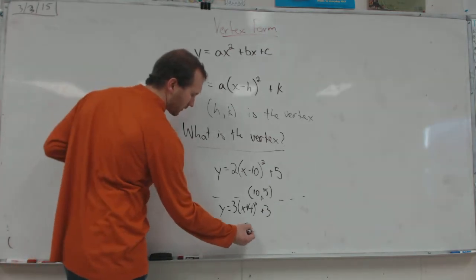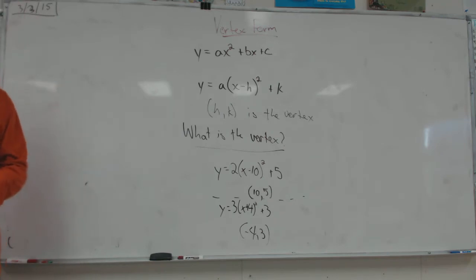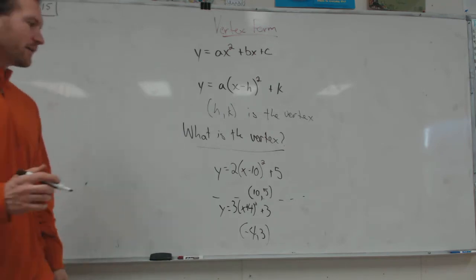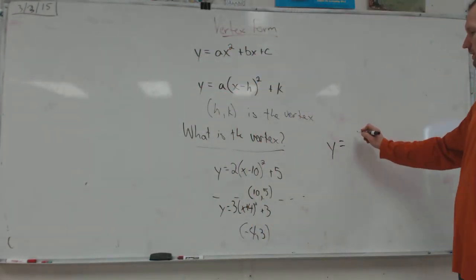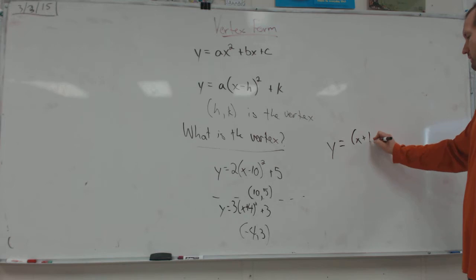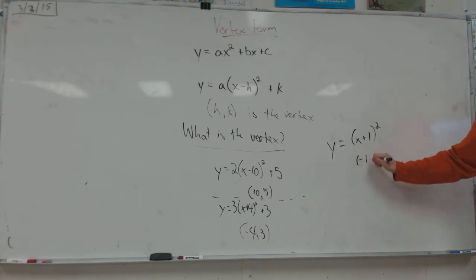Yeah, negative 4, positive 3. What if I gave you one like this? y equals (x plus 1) squared. What is the vertex there? Yeah, negative 1 comma 0.